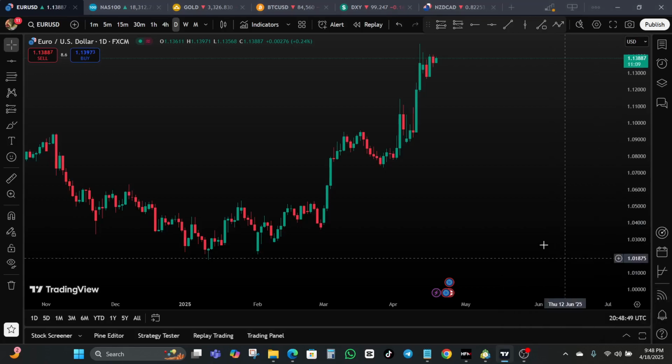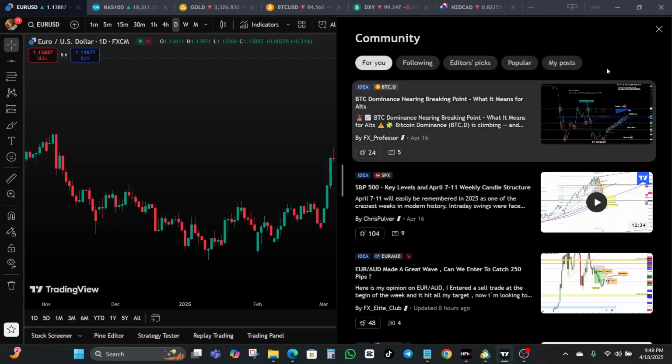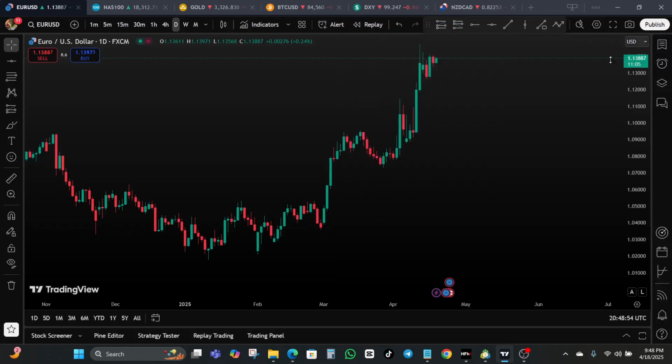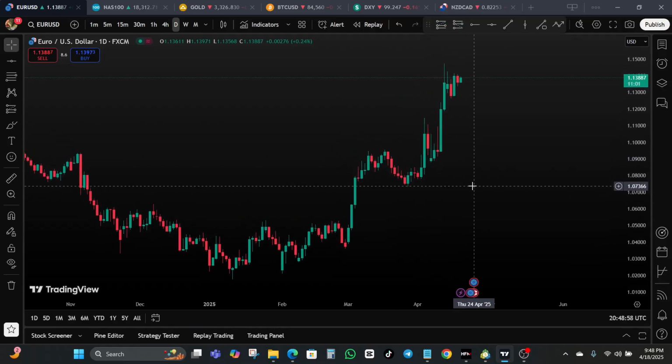Designed specifically for day traders, this indicator simplifies your decision making process by highlighting clear buy and sell signals based on momentum shifts, market structure, and volatility. Let us start with what makes this indicator stand out.